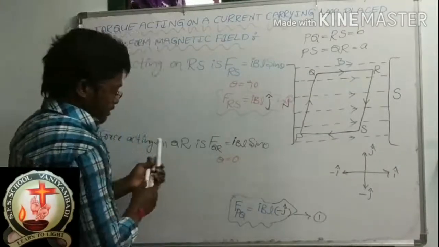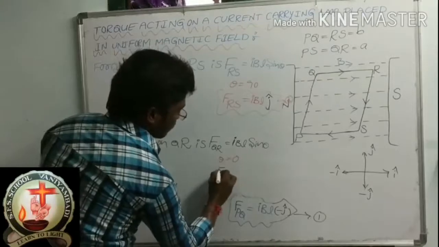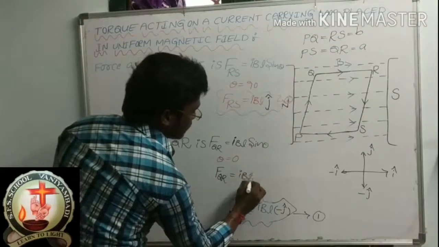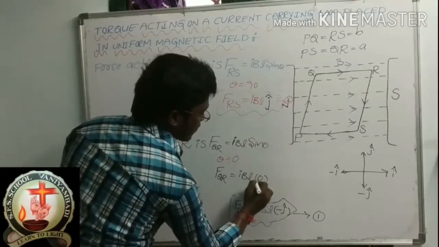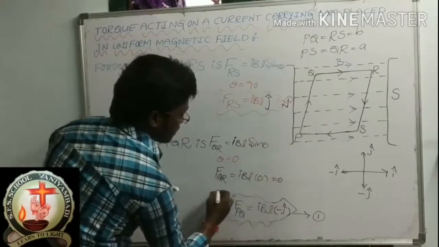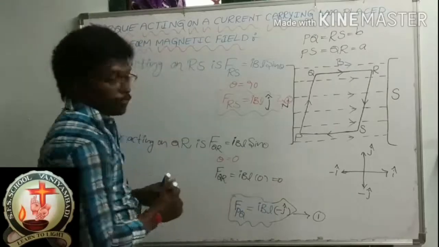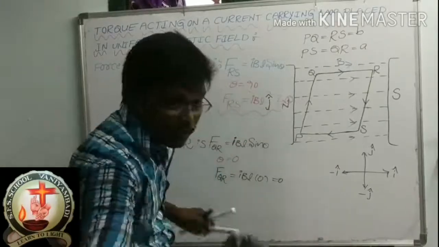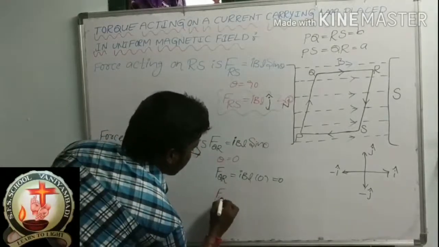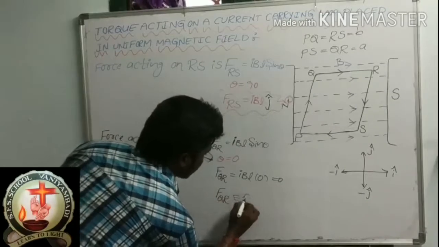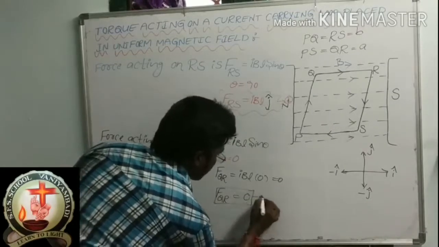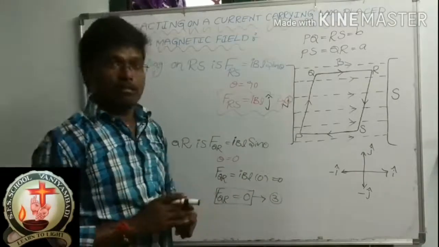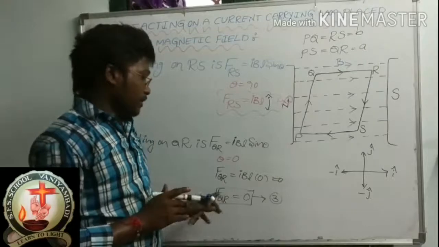Then substitute here: F QR is equal to I B L sin 0. So what is 0 into anything? 0. Then what is the force value? F QR is equal to 0. Equation number 3.